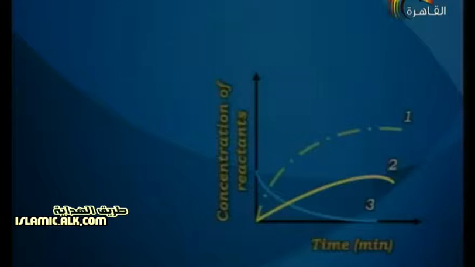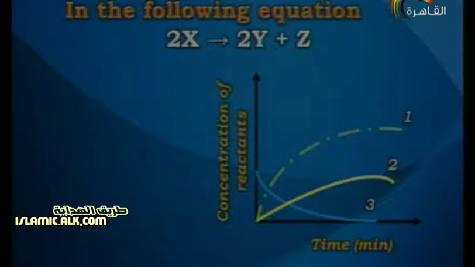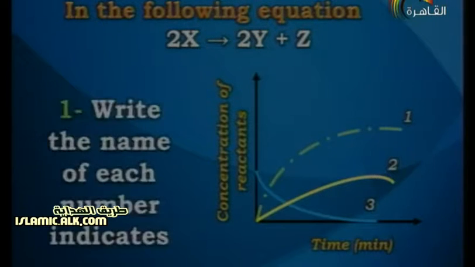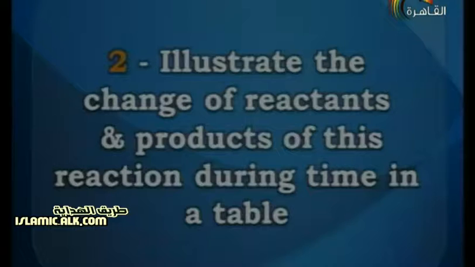In the following equation, 2X gives 2Y plus Z, write the name of what each number indicates. 1 indicates which part, 2 indicates which part of the equation, and 3 which part. And number 2, illustrate the change of reactants and products of this reaction during the time in a table.